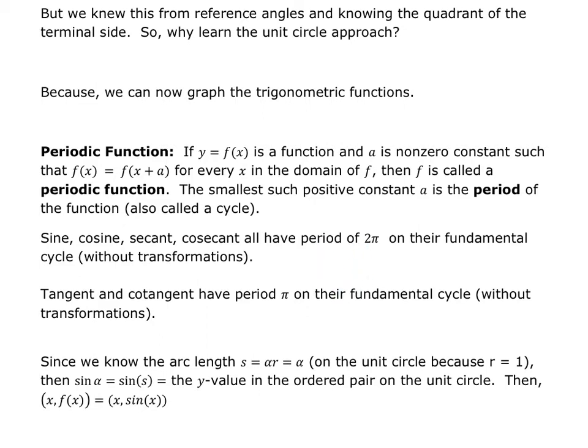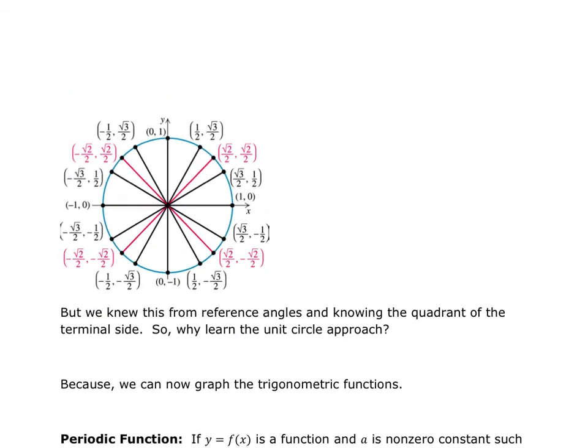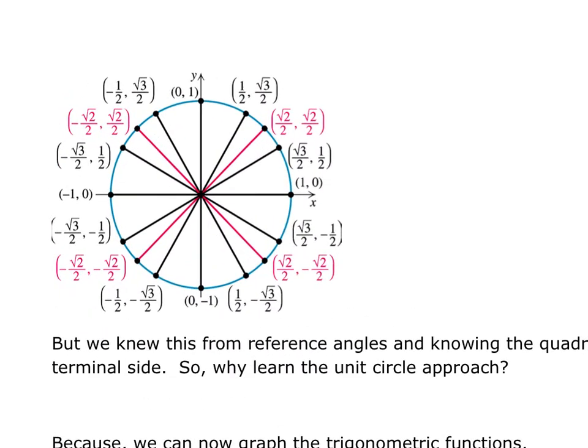Let's actually look at the unit circle and go through that. So if I think of this, this is the angle of pi over 6. Here's my output of 1/2. So if I'm looking at the sine of pi over 6, it is an output of 1/2. The next time I get an output of 1/2 is right here.